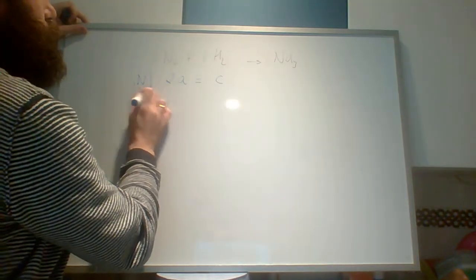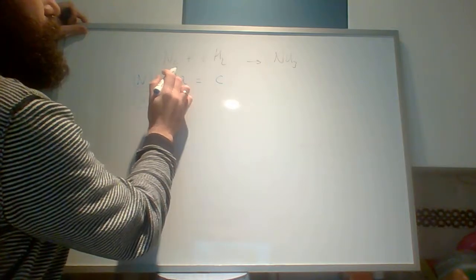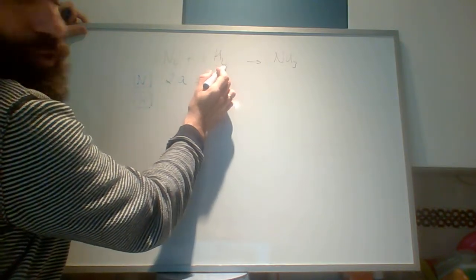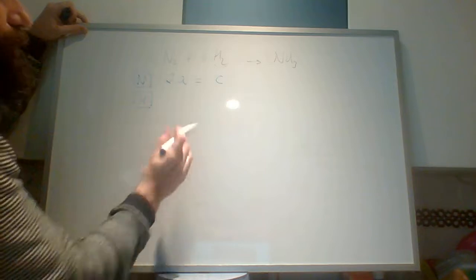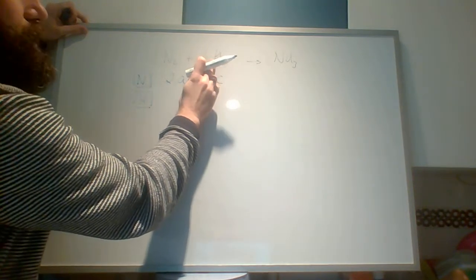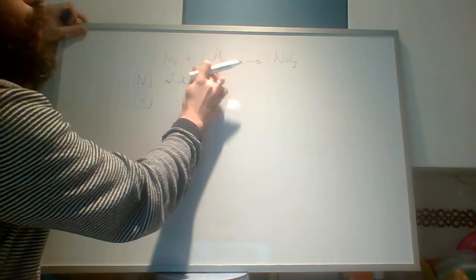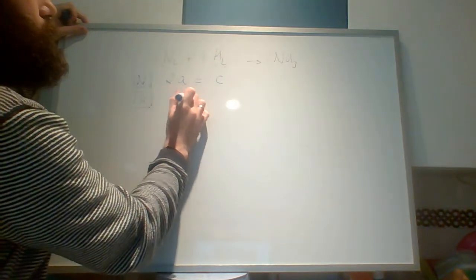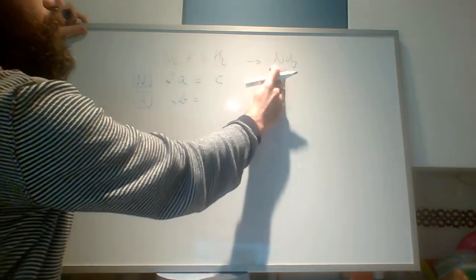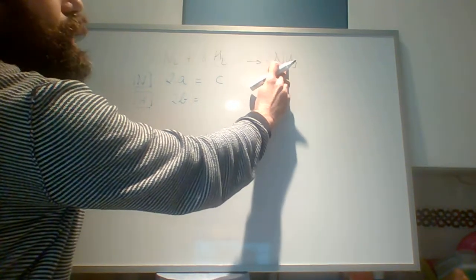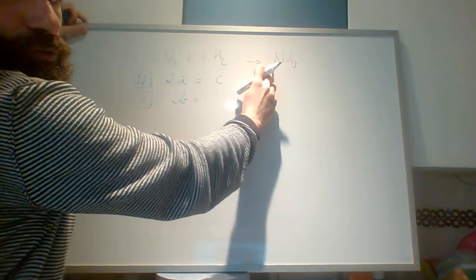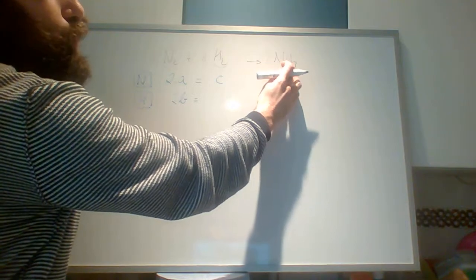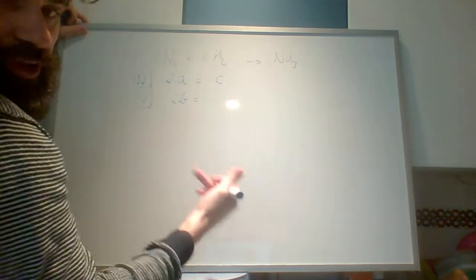Hydrogen, you have to count hydrogen. What happens? It doesn't appear in nitrogen, it only appears in the hydrogen molecule, and you have to count what happens. 2 atoms inside 1 molecule, 2 moles of atoms inside B moles of molecules of hydrogen. 2 times B equals what happens here with hydrogen. You have 3 atoms in C molecules, so 3 times C moles of atoms in C moles of molecules of ammonia.